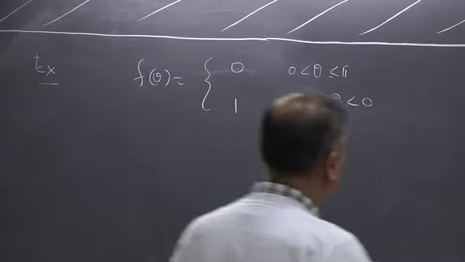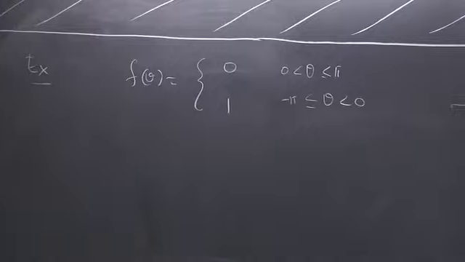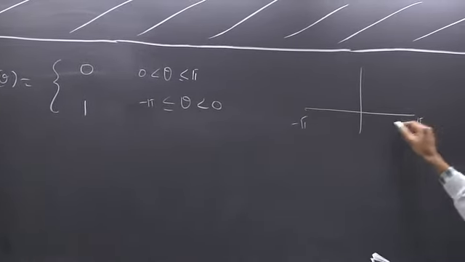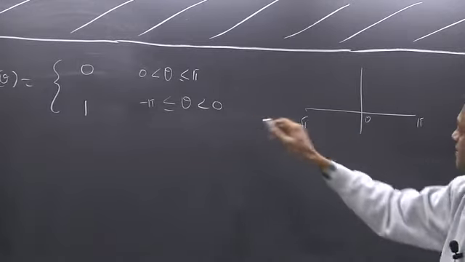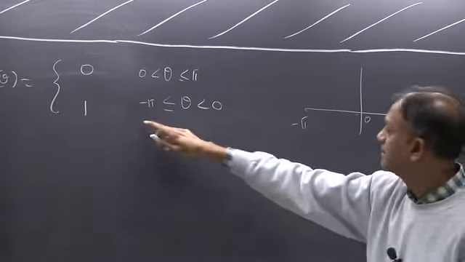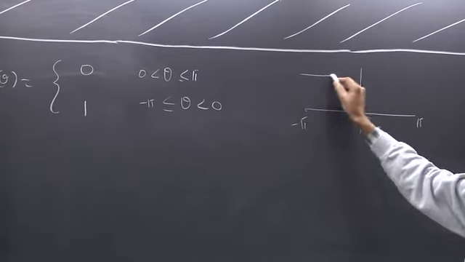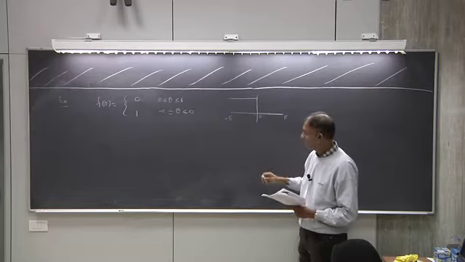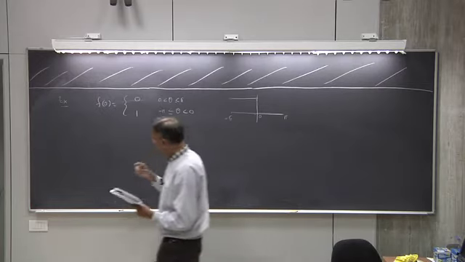If you try to plot it, between minus pi and pi, here is 0. In this region f is 1, and there it is 0. So f looks like a step function. And we worked out the Fourier series of this.